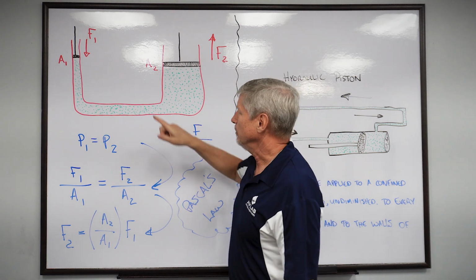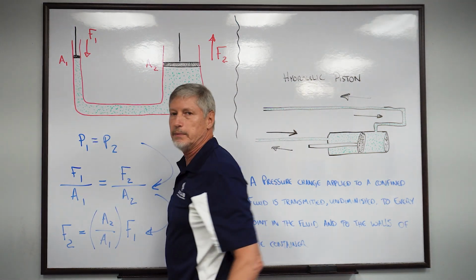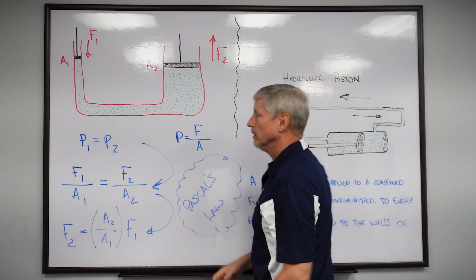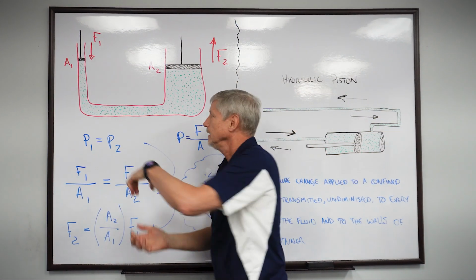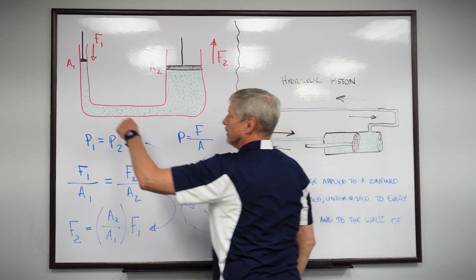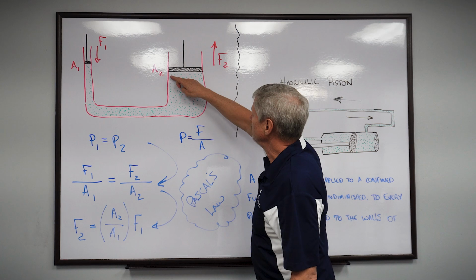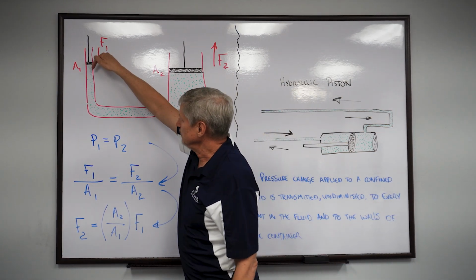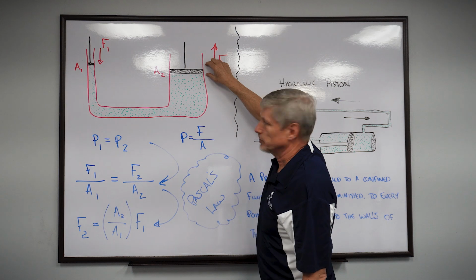It's not quite true though, because if we push down on this, we also have to consider the volume. Remember, the fluid is not compressible. So all of the force that's applied to the fluid, it's not going to compress it. It's in fact going to push it up here. So if we push all the way down here, that may only fill up this much. So the equivalent downward force here will drive this up a small amount.